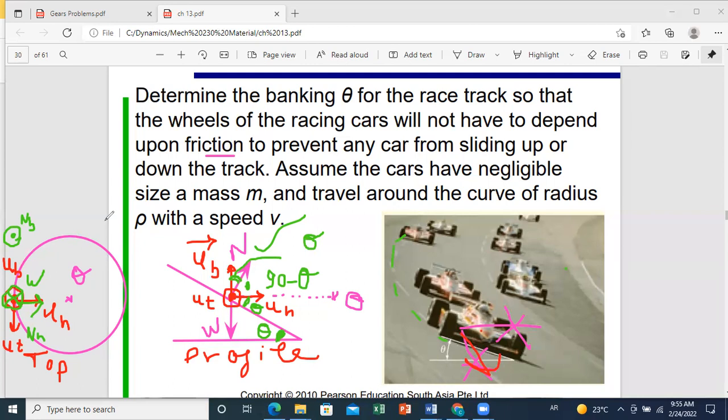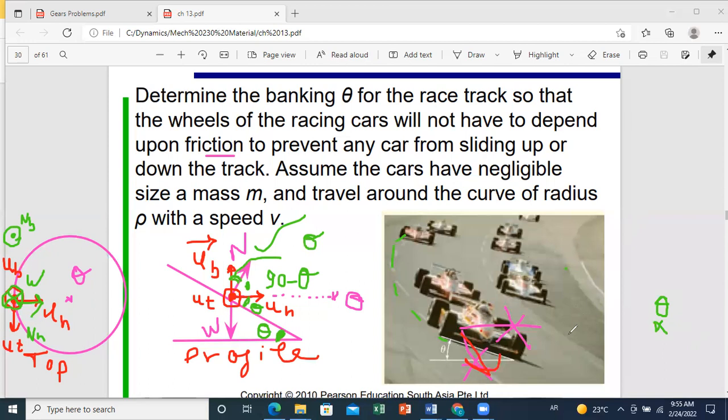And always UN will be towards the center of rotation. So if I look at my car here, okay, this car will be traveling on a circle of a certain center here somewhere, okay?